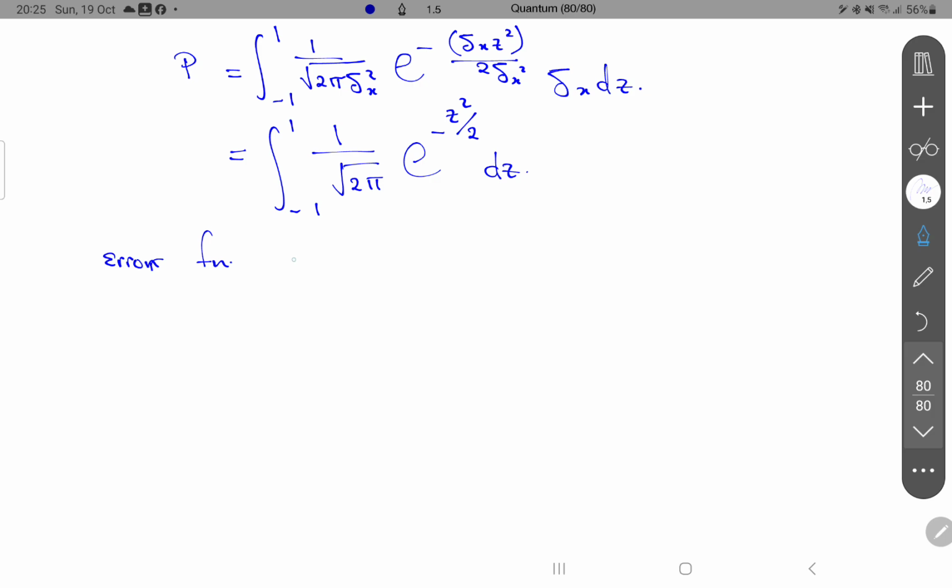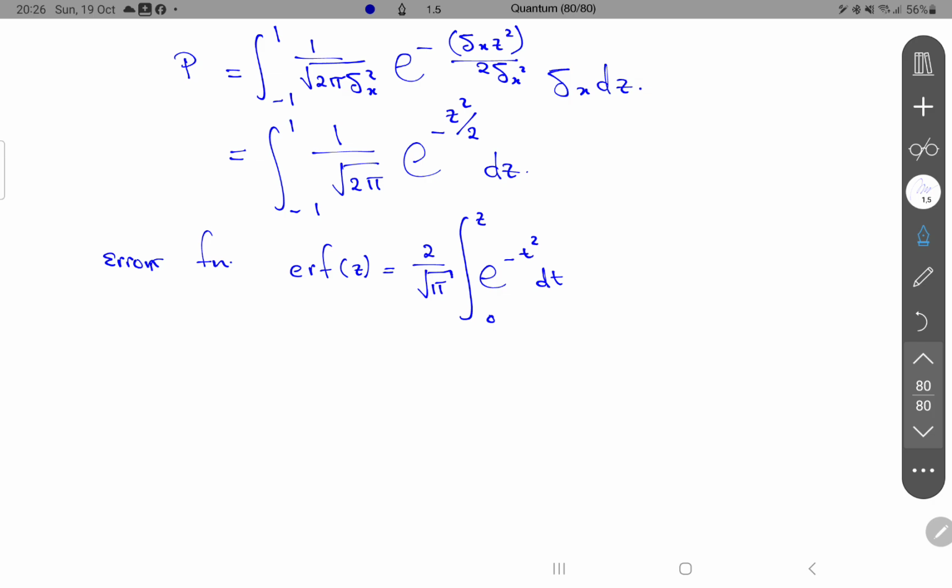The error function is actually the Gaussian function also. It's written as erf of z, given as 2 over the square root of pi, the integral from 0 to z of e to the power negative t squared dt.